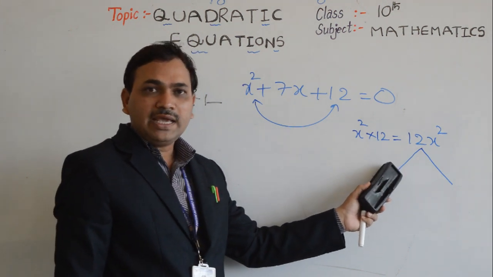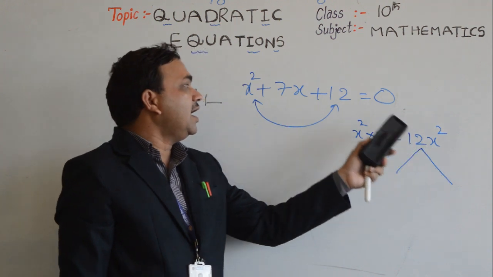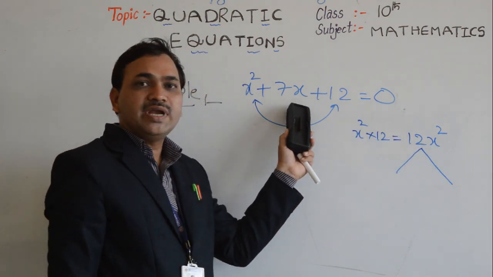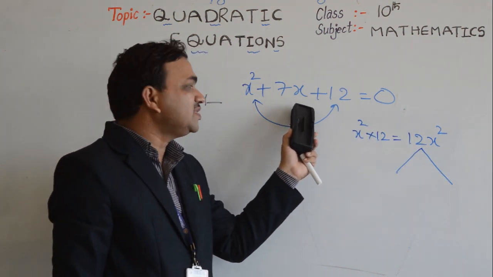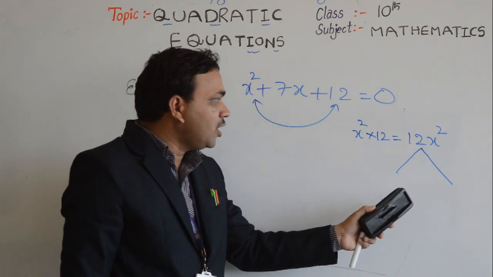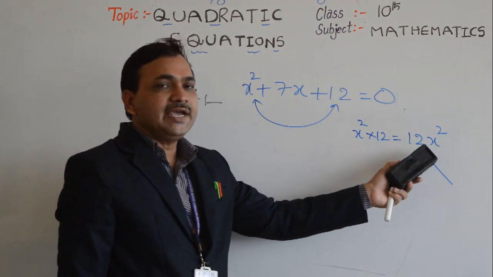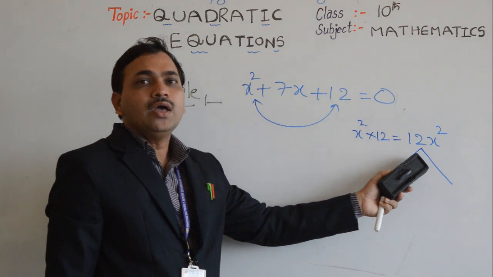What numbers are taken? The two numbers adding after will get the middle term. What is the middle term? 7x. So how many factors are possible in the 12?